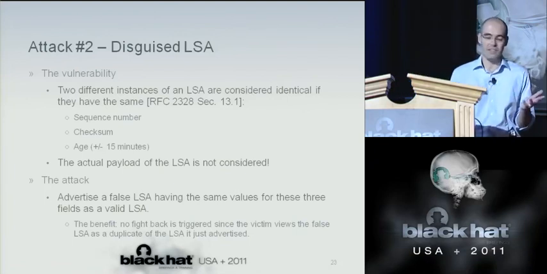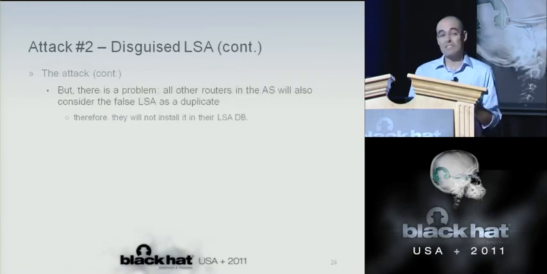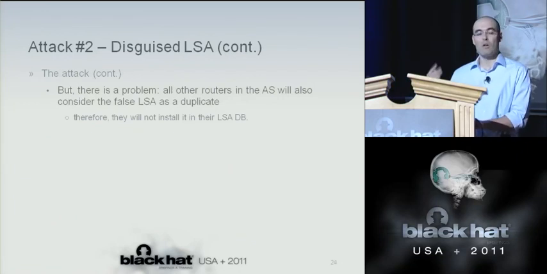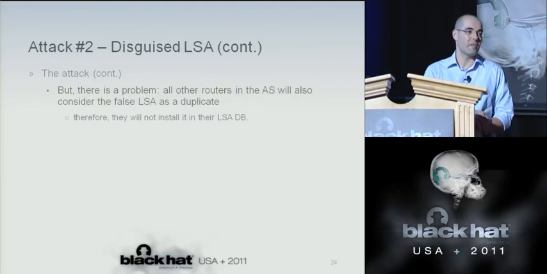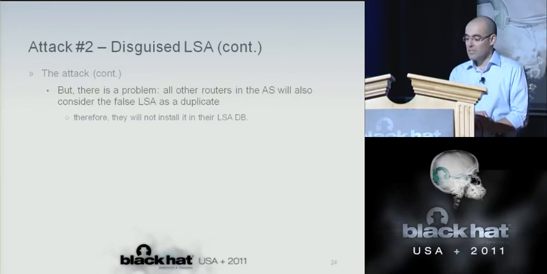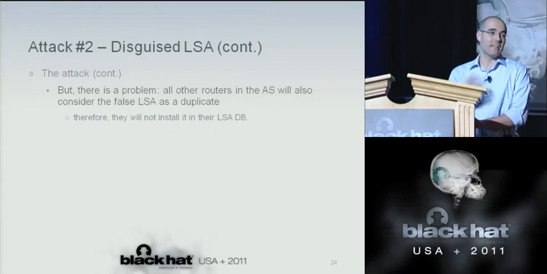So no fightback. That's a very good thing for the attacker. But there is a problem with this naive implementation of the attack, since all other routers will also regard this disguised LSA to be a duplicate of the valid LSA. So therefore, they will not install the disguised LSA in the database, so no effect.